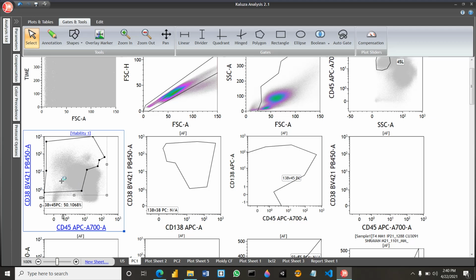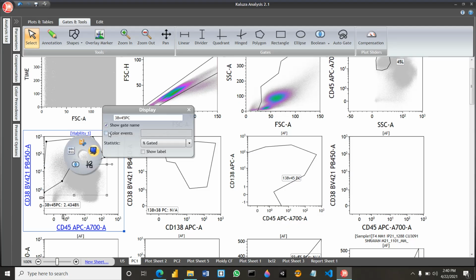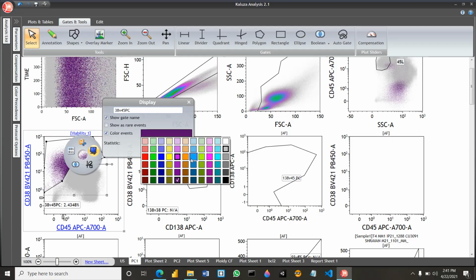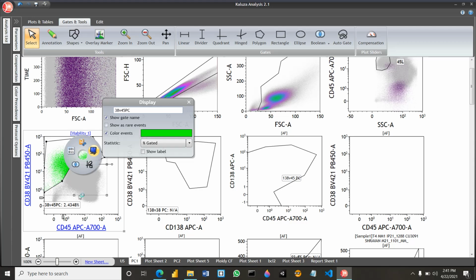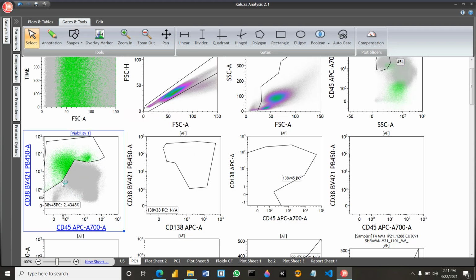With our prior experience, it looks like we should gate here to identify plasma cells like this, and we can of course color them so that we can track this population with the same color in the other gates or in other combinations. So let's give it a dark green color, and these are the cells which are CD38 positive and CD45 moderate.